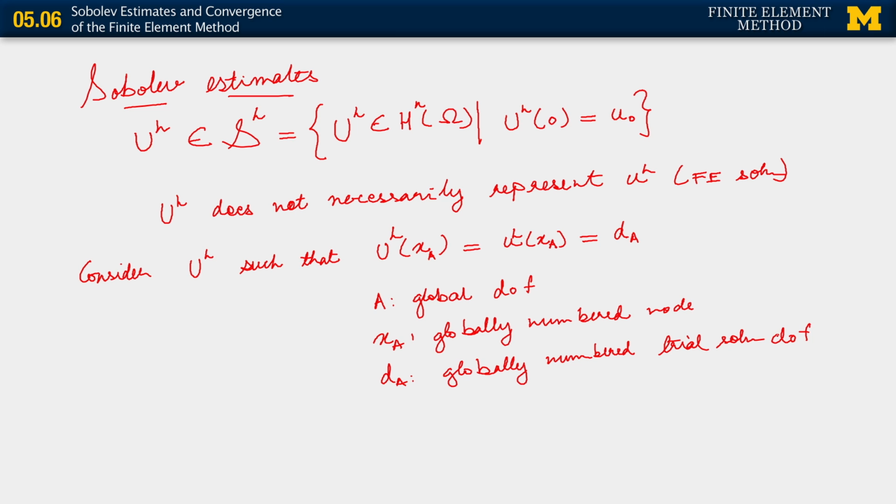So what we are saying is that we want to consider a special member of this class where UH is equal to the finite element solution at the nodal degrees of freedom, right, at the nodes. Okay. But you note that if we do this, we would have capital UH actually equals to little uh everywhere, right, because of the fact of the finite element representation. Okay, right. So this is not exactly the solution we want, not exactly the function we want.